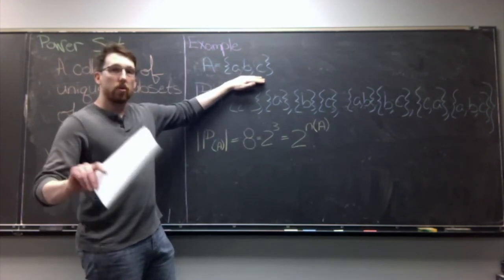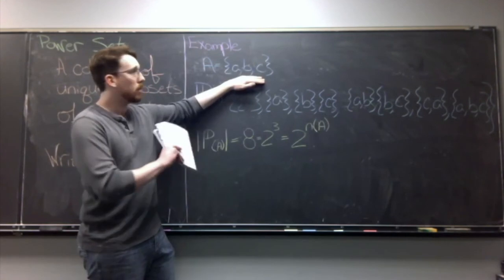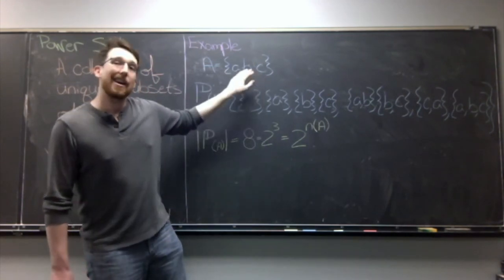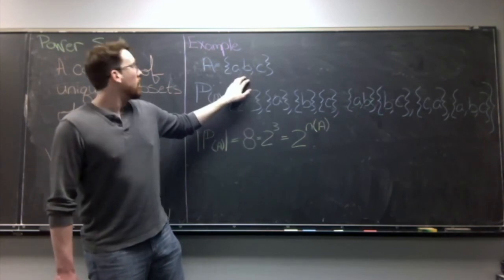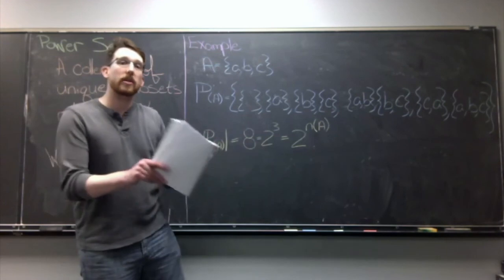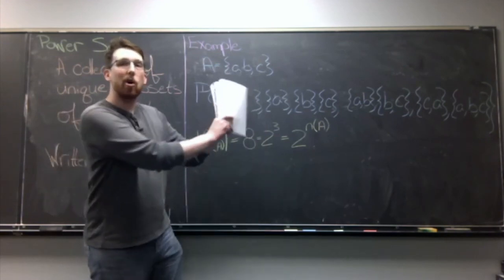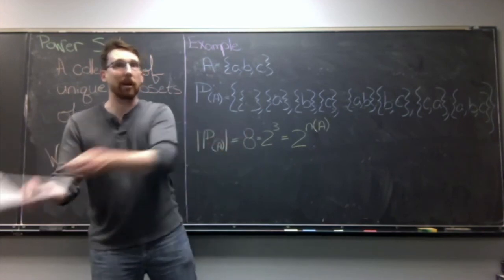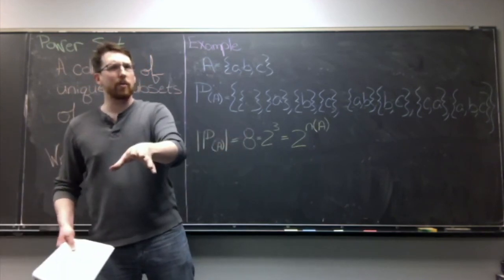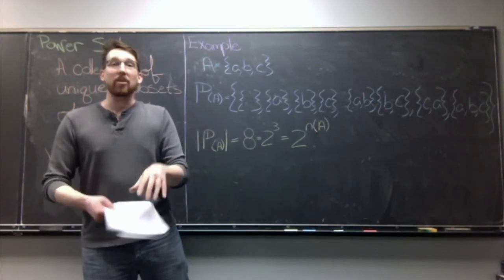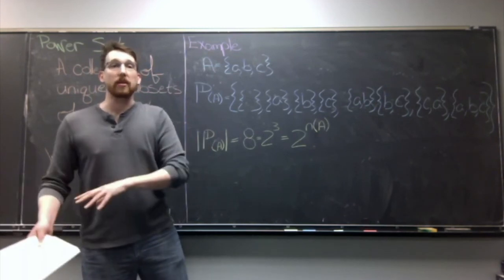Before I go and show how to find this power set, I want to point something out. The empty set is a subset of every set. Because we can always say there's this missing unspoken element that's there, and it's the element of nothing. Which I know is a really weird idea, but we're going to have to take it at face value. The empty set is a subset of every set.